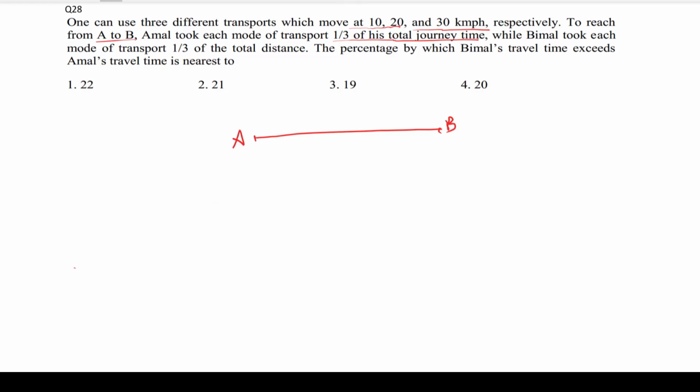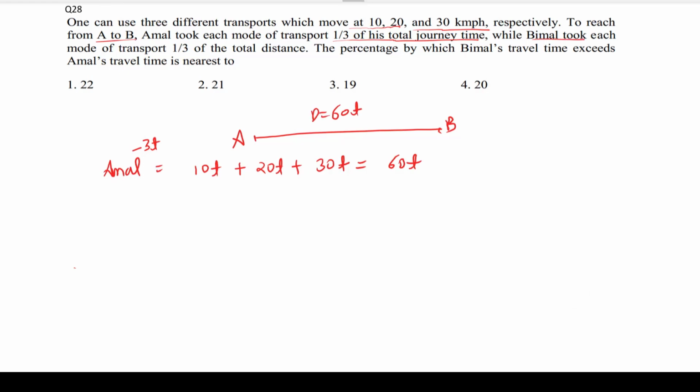So suppose Amal's total journey time is 3t, then for t hour it uses 10t, for t hour it uses 20t, and for the remaining t hour it travels at 30t. So total distance it travels is 60t. So distance between A and B is d equal to 60t.